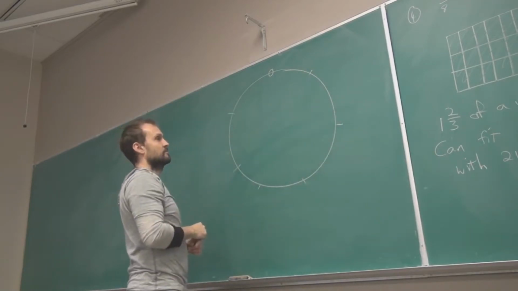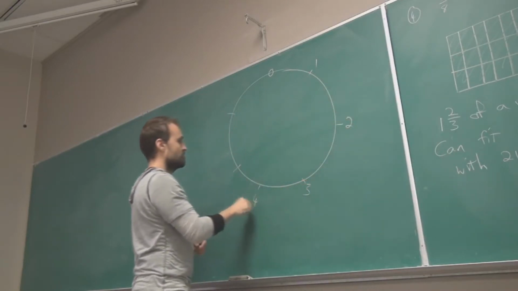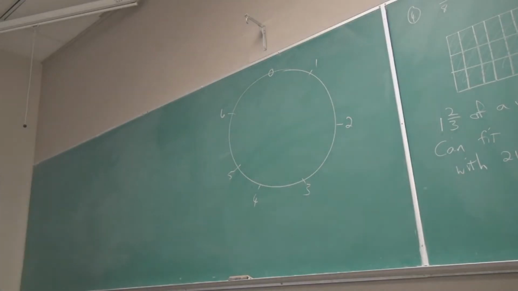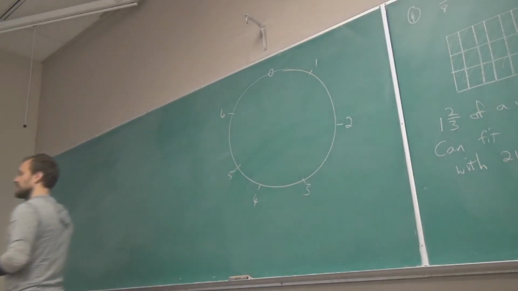I'll do 7-ish. 1, 2, 3, 4, 5, 6. Come on, 7. So the reason why I'm doing this is to really look at what division means before I go to my more familiar, more comfortably named numbers on my number line.